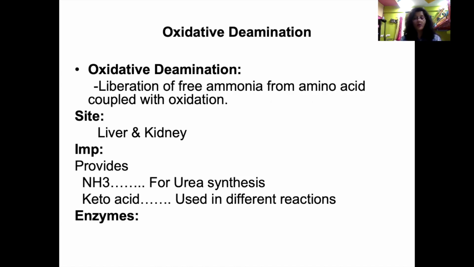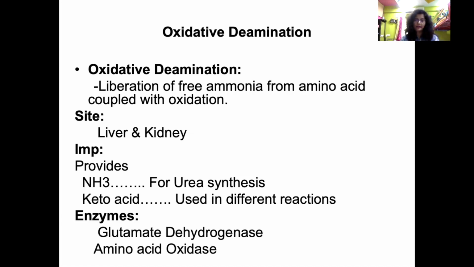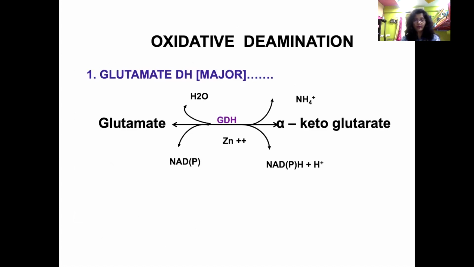We have discussed this already in the first slide. Now the enzymes which cause oxidative deamination are two main types: one is glutamate dehydrogenase, which is considered the main enzyme, and second is the amino acid oxidases. So let's see one by one.